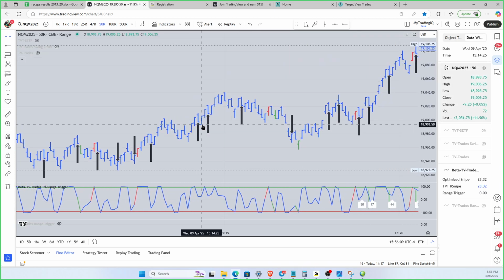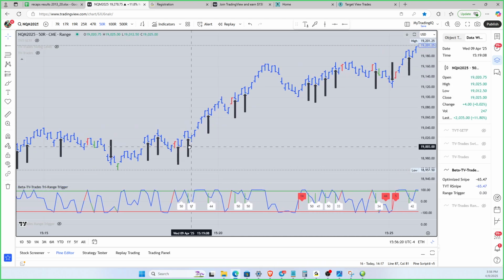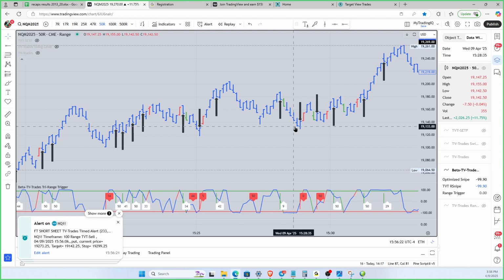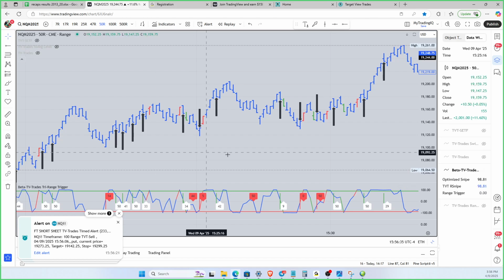So you tell me what you're actually looking for, and then I can tell you what works best with that type of thing, what time frame you're looking at, all that sort of information. See this short sheet, TV trades. That went to the web page, because the web page gets fed from the short sheet.